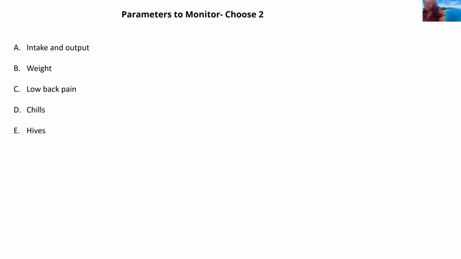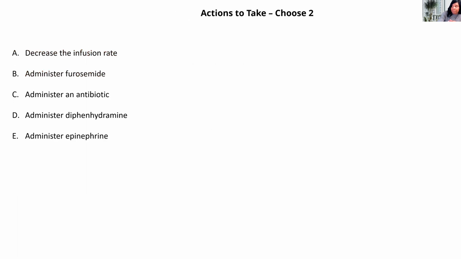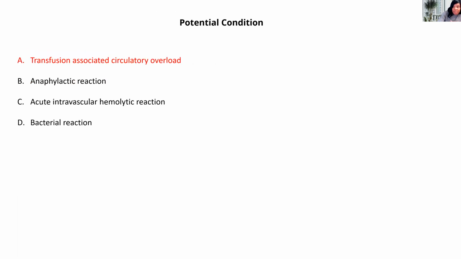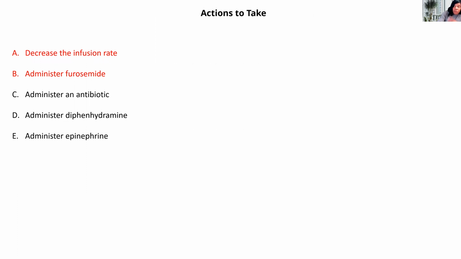Very good. Very good. You notice with C, D, and E, these all can indicate some sort of reaction to the blood transfusion. But in this case, the potential condition is not an anaphylactic reaction. It's not a hemolytic reaction. It's not a bacterial reaction. It's circulatory overload. In this case, you're taking two actions appropriate for this circulatory overload.